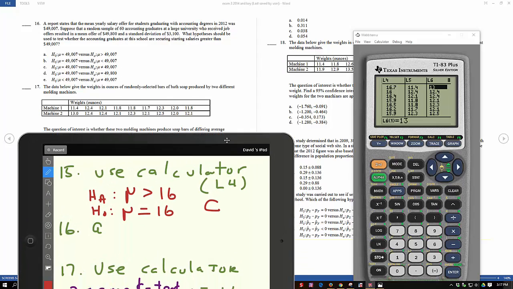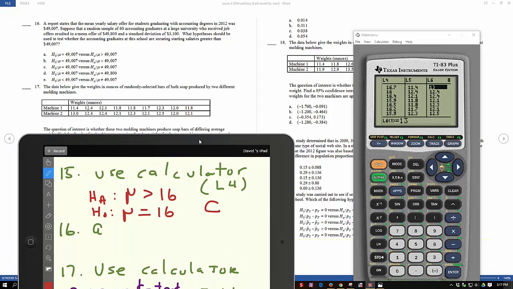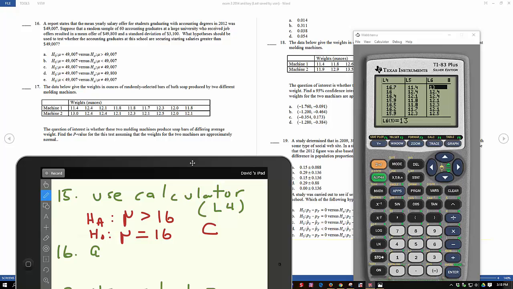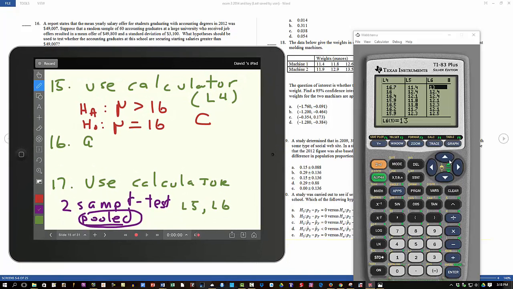And let's see. I want to know if they differ. It says differing here. There's no greater than or implied less than. It's just do they differ. So stat, test, 2-samp t-test, and I have these in list 5 and list 6, not equal to, we'll pool and calculate.